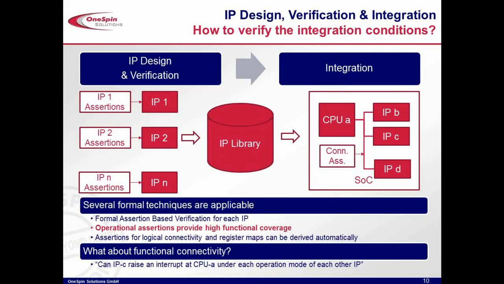You want to really make sure that if a certain IP raises an interrupt, under each operating condition of any other IP, is this going to, for instance, reach the CPU, being properly taken by the CPU? So it's a functional connectivity. It's really looking at the communication between, in this case, the CPU and the IP that is raising the interrupt.